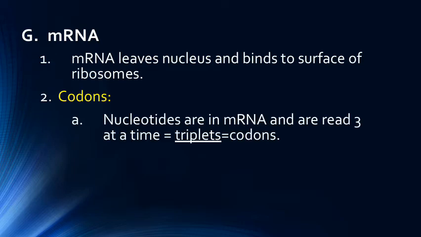Once the messenger RNA is at the ribosome, it is read 3 letters at a time, and each 3 letters of the messenger RNA molecule is called a triplet or a codon. One codon, consisting of 3 letters of messenger RNA, ends up being 1 amino acid.